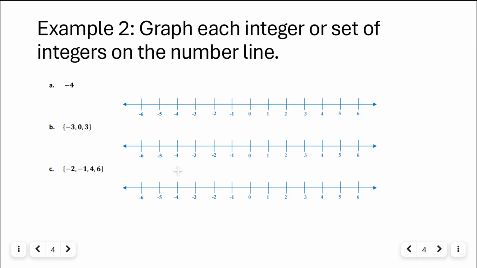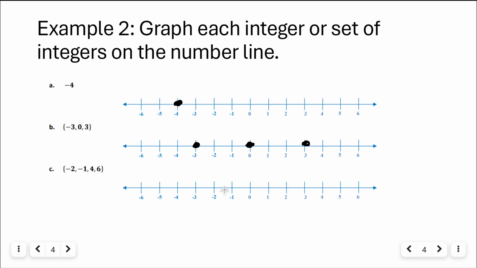Okay. So now if I ask you to graph negative 4 on the number line, you're going to put it right there. Negative 3, 0, and 3. This is set notation, by the way, folks. We're going to talk about set notation in a later video. It'll be new to many of you. But I just want you to graph all three of these numbers individually on the number line. So negative 3, there it is. 0, there it is. And 3, there it is.